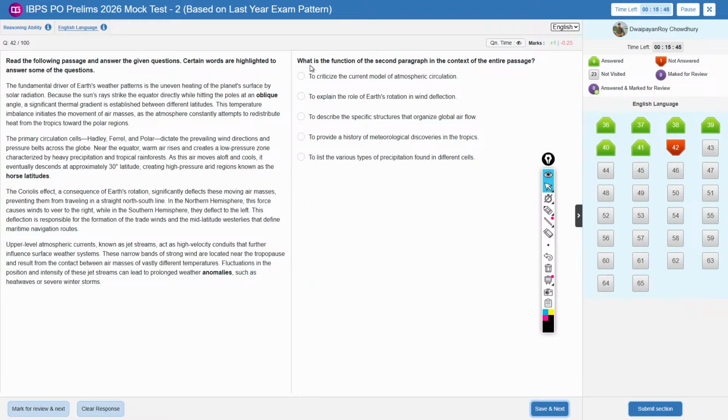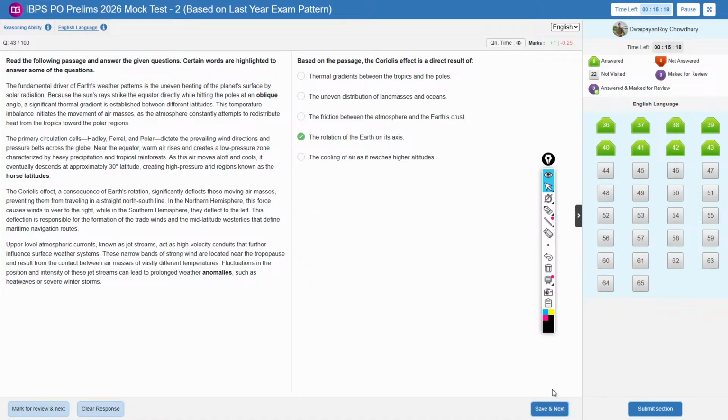What is the function of the second paragraph in the entire passage? It is saying about air belts, explaining Earth's roles, describing specific structure that organizes global airflow, and various types of precipitation. Now, based on the passage, Coriolis effect is a direct result of the rotation of Earth on its axis.